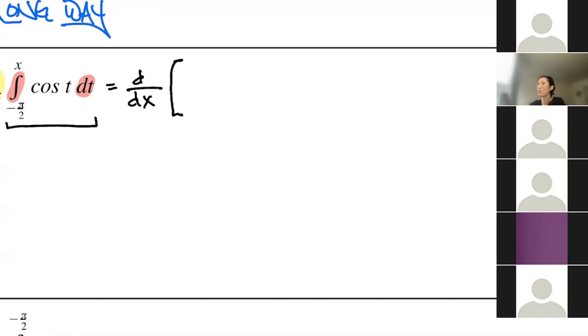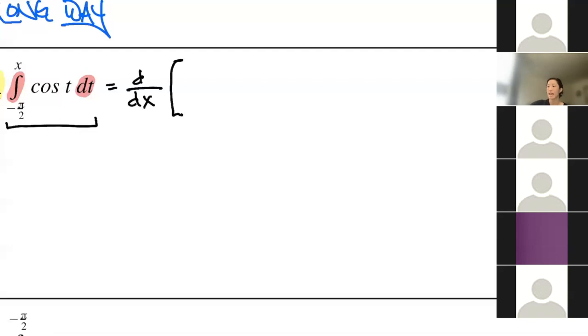Okay, so what do we know about how to rewrite that part that's underlined right now? Good. Okay. So we know that the integral of cosine is sine. All right. So I know that I have sine, but what about these bounds?